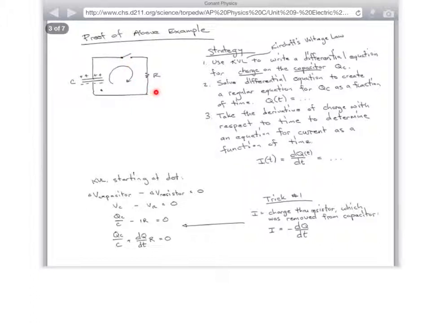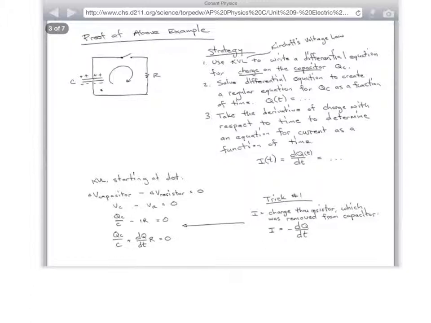The resistor. Are you going to gain or lose across the resistor? Lose voltage. So it's going to be plus voltage across the capacitor minus voltage across the resistor equals 0. Sound good? All right, so let's write that out. Plus voltage across the capacitor minus voltage across the resistor equals 0. Good so far? All right.